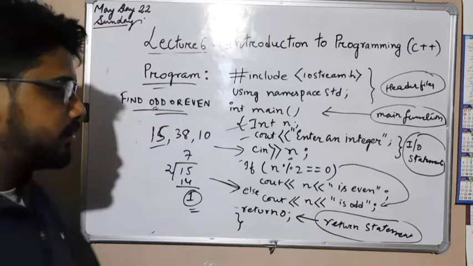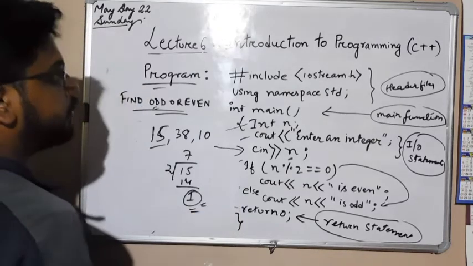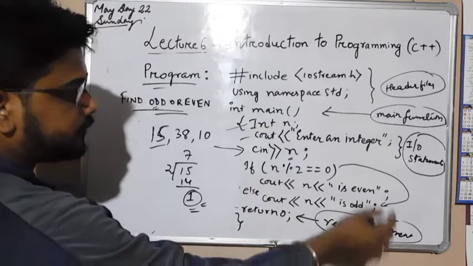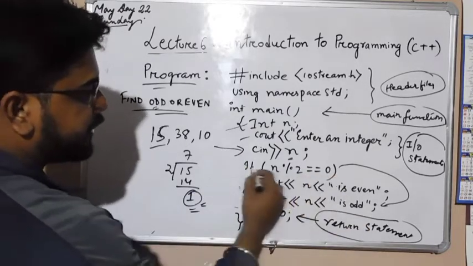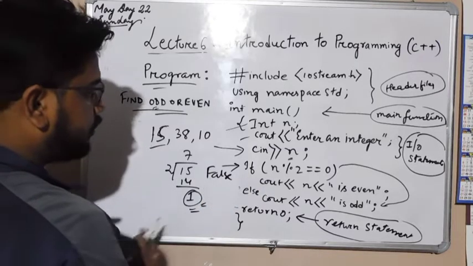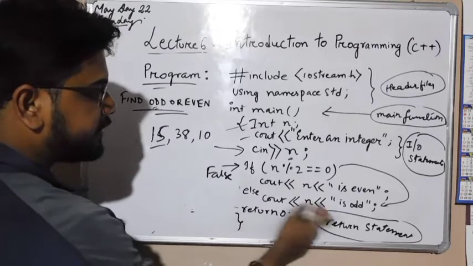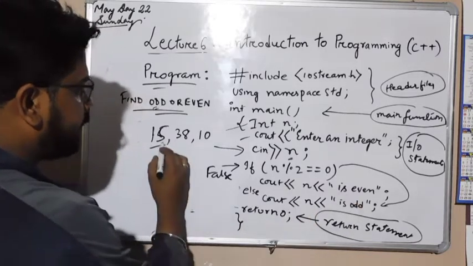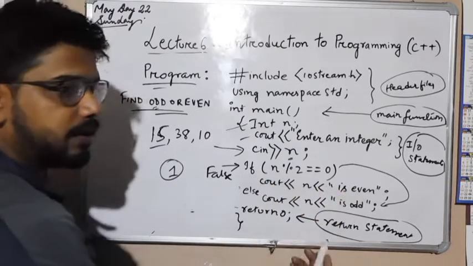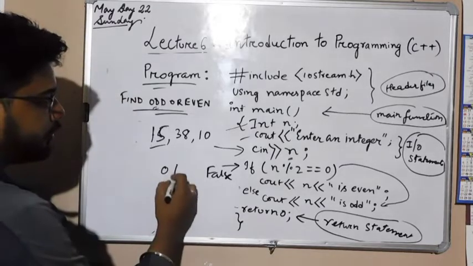When it got the remainder as 1, this part became false, so automatically the control went to the else part. If it gives a remainder of 1, the number is not even, which means the number has to be odd.